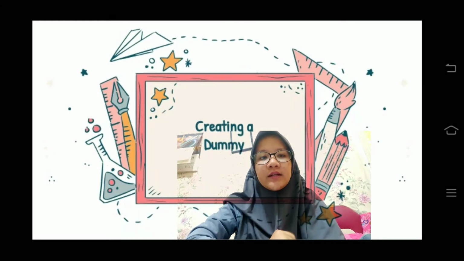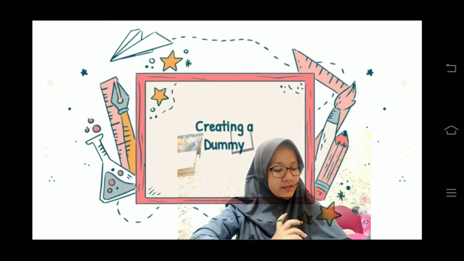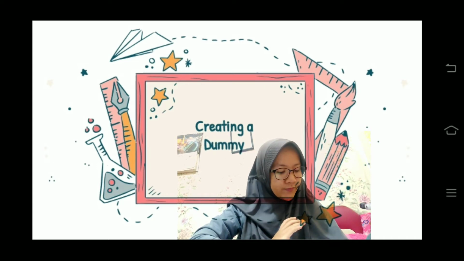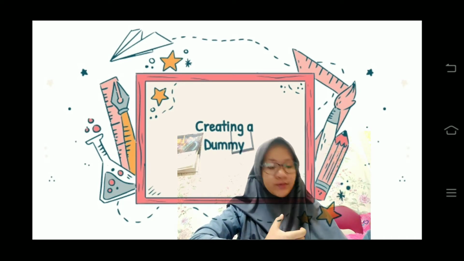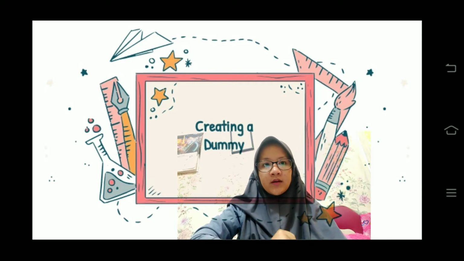And then the third is creating a dummy. Do you know what a dummy is? A dummy is a layout draft, the designer's text copy, now at a stage beyond the first draft, but still subject to revision.